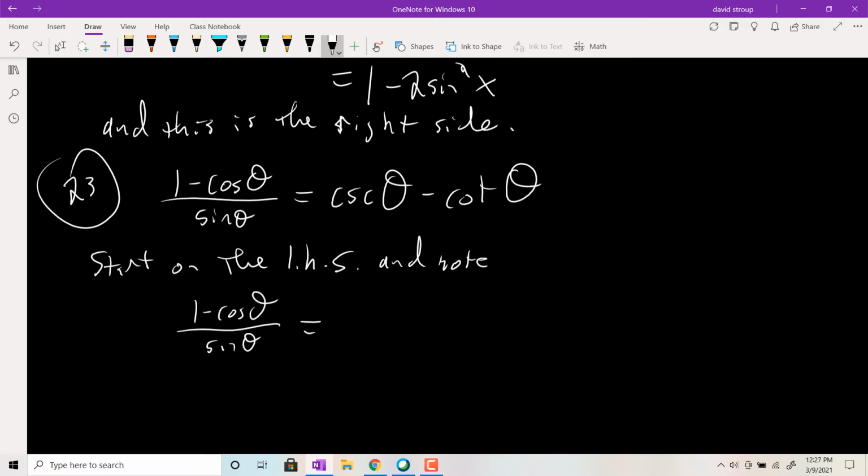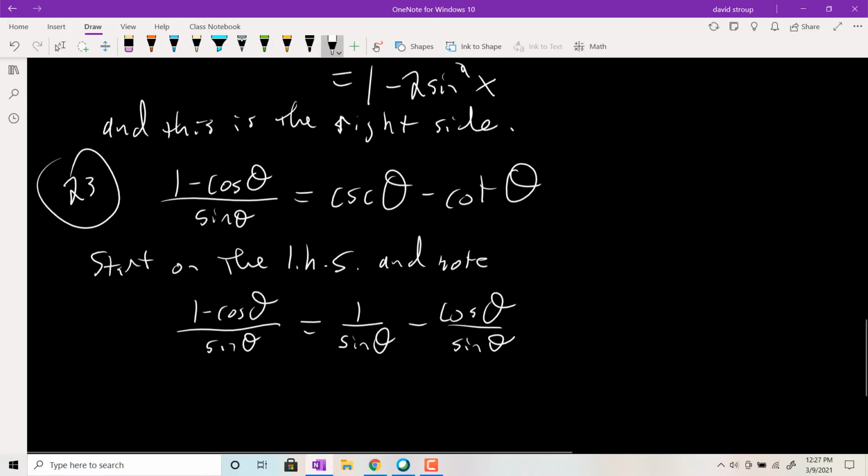One of our tricks, they give you a bunch of tricks in this section, like factoring, or multiplying top and bottom by something. In this case, we're going to split it into 2 fractions. The reverse of finding a common denominator and combining everything over it is taking it apart over the common denominator. So you'll end up with 1 over sine theta minus cosine theta over sine theta.